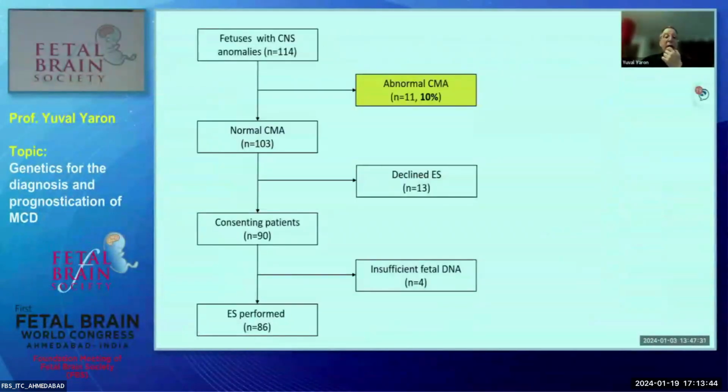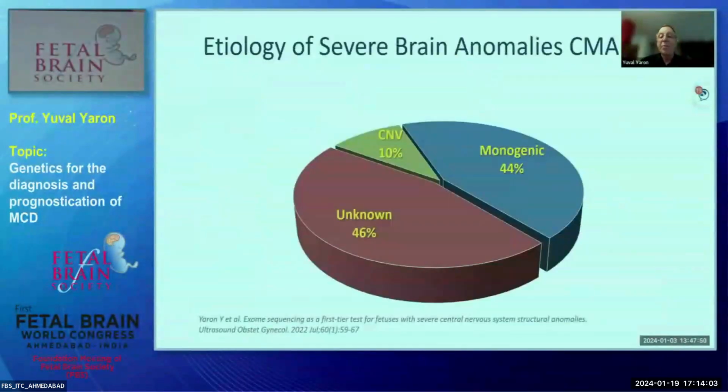Then we went on and offered exome sequencing to the ones who had chromosomal microarray negative results. And of course, we ended up with 86 patients who were consented, and we had sufficient DNA reserved from the terminated pregnancies. And then we were able to detect an additional 44% monogenic causes of brain abnormalities.